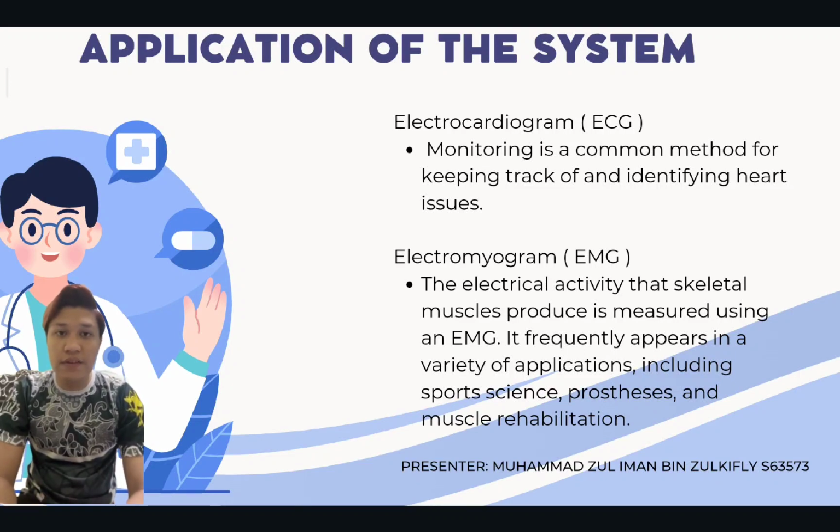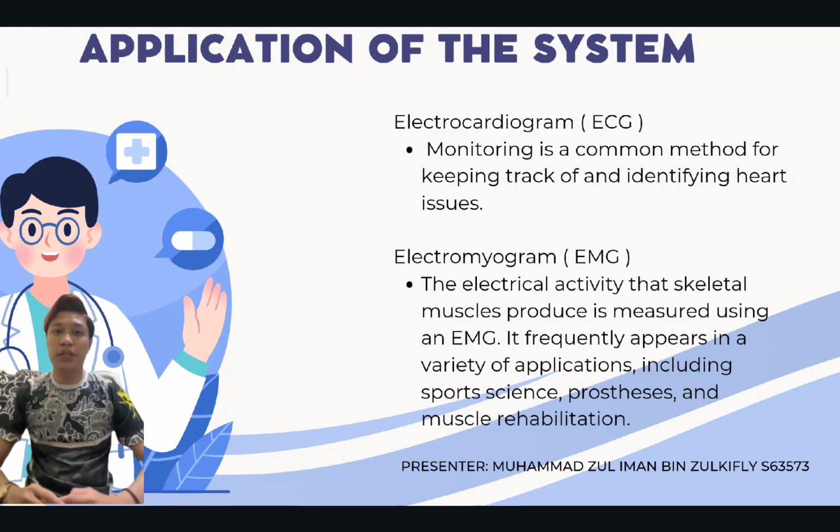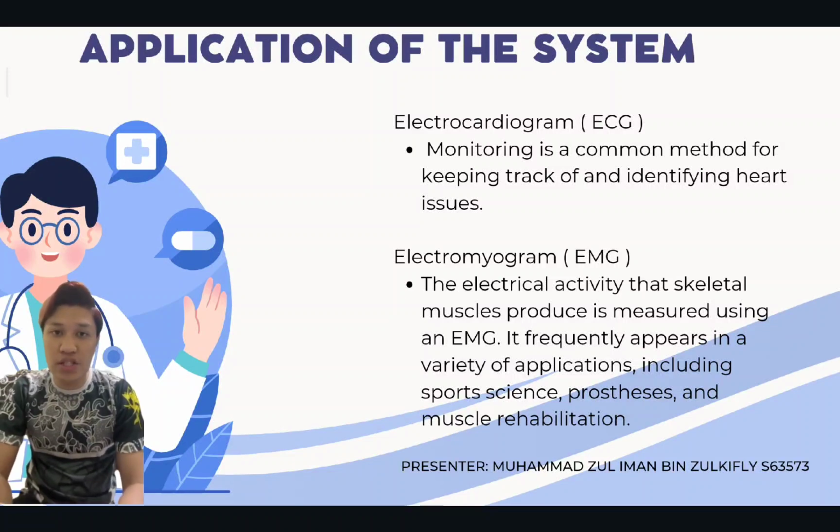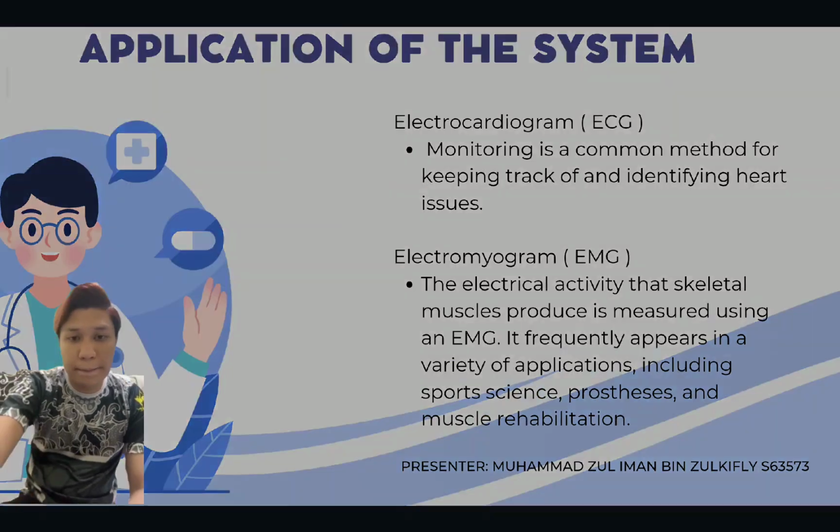Second is amplify and filter the EMG signal using Arduino's instrumentation amplifier. Third is connect the conditioned signal to Arduino analog input and convert it to a digital signal using the ADC. The fourth is analyze the EMG signal using signal processing techniques like feature extraction and filtering. The last one is visualize the processed EMG data on a computer screen or an LCD display.